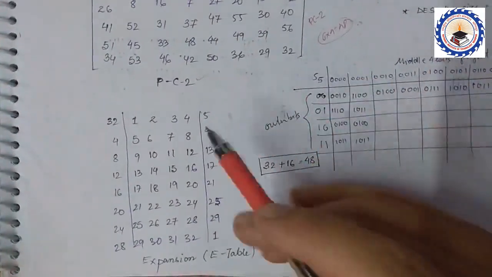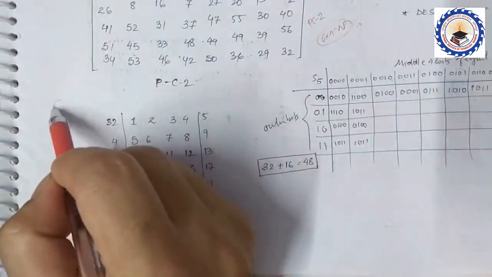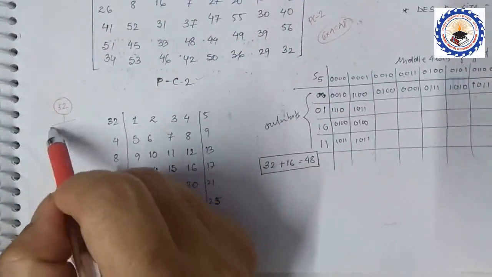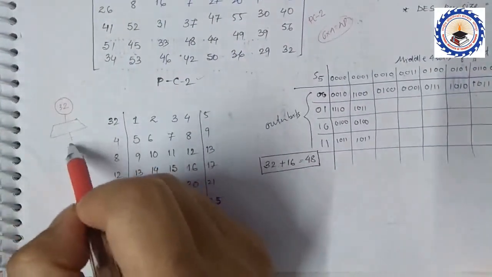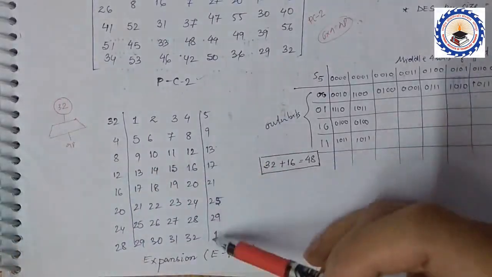But if you look again at what an expansion box is, in the expansion box we have these 32 bits here. Then after performing the expansion table, it becomes 48 bits, right? So how does the actual expansion table work?